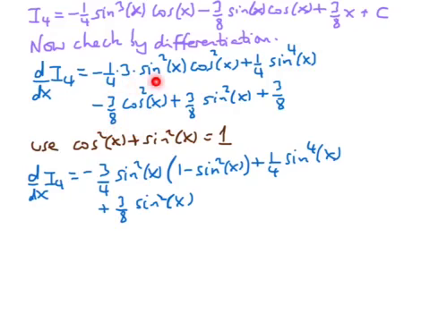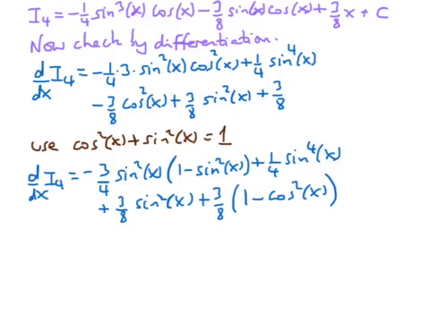But this term and this term I'm going to put together because I recognize that this is 3/8 times 1, that's this term here, minus cos squared x. So this term and this term together give me this, and I recognize that 1 minus cos squared x is sine squared x from the standard result.